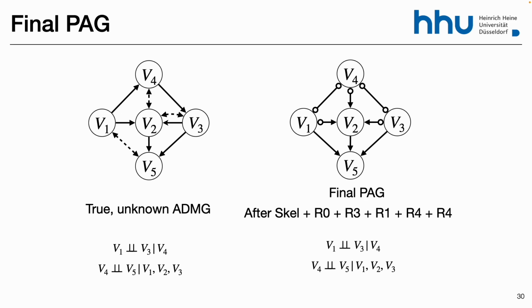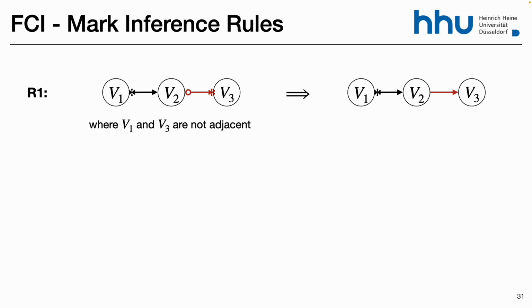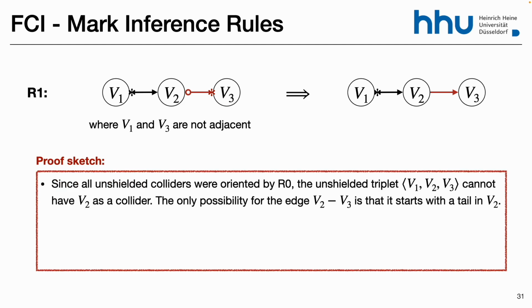Okay. There are more rules. I will stop here, but you check those proofs. For example, for rule 1, I have the proof sketch here. Basically, since all colliders were oriented before, you know for sure that V2 is not a collider.